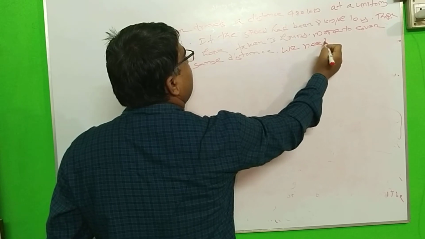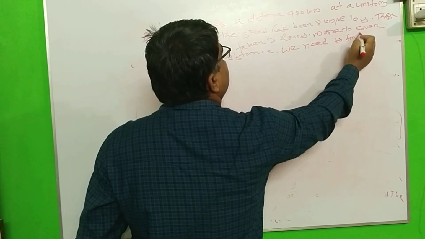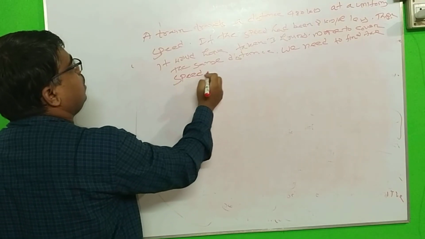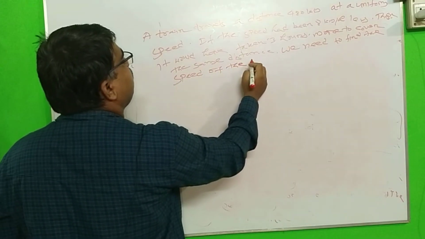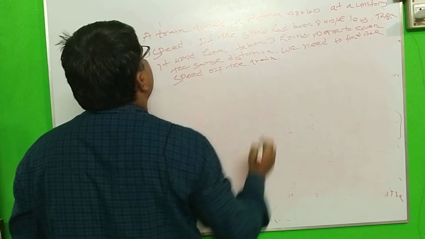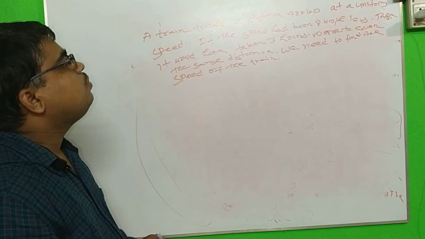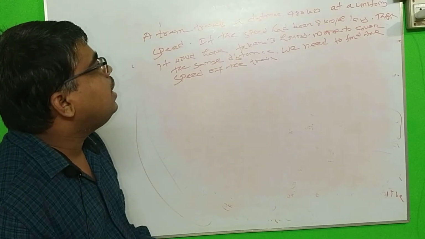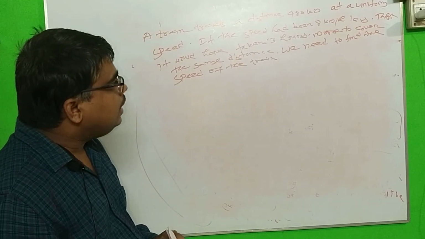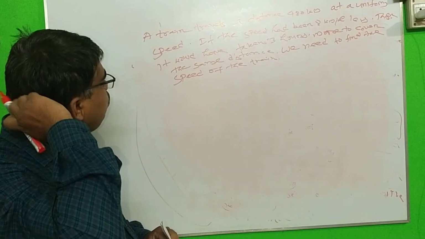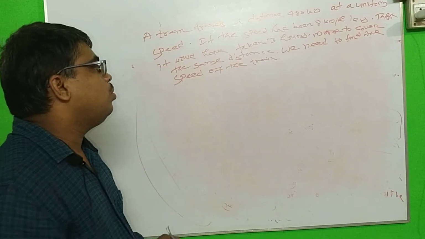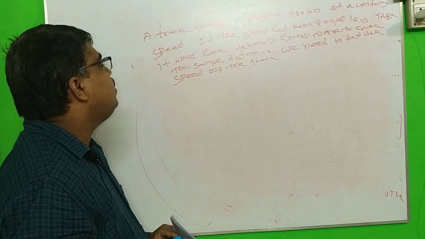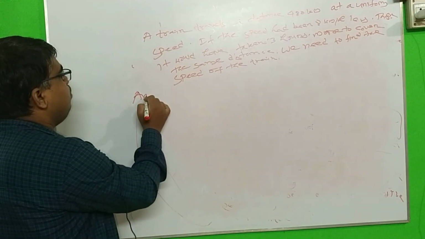Okay, a train travels a distance of 480 km at a uniform speed. If the speed had been 8 km per hour less, then it would have taken 3 hours more to cover the same distance. We need to find the speed of the train. Answer. Very interesting problem.